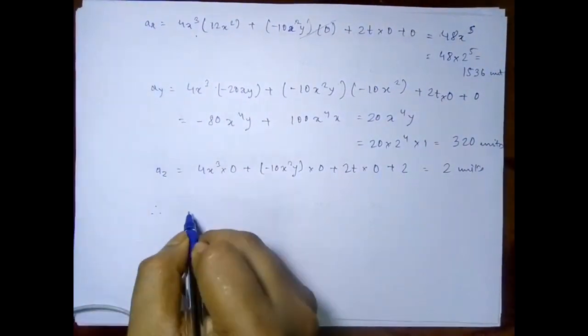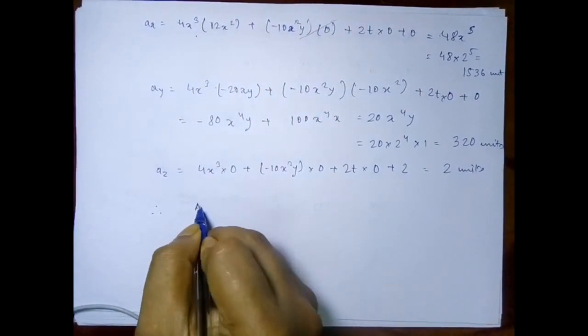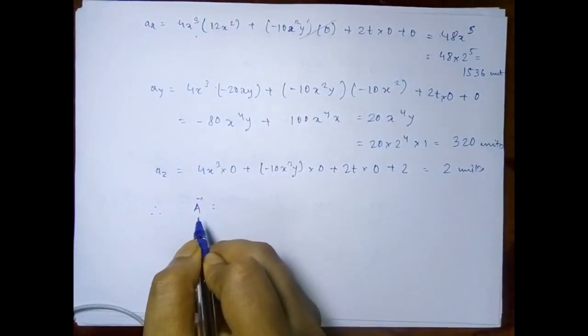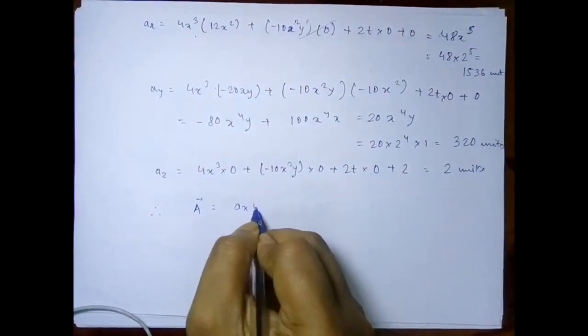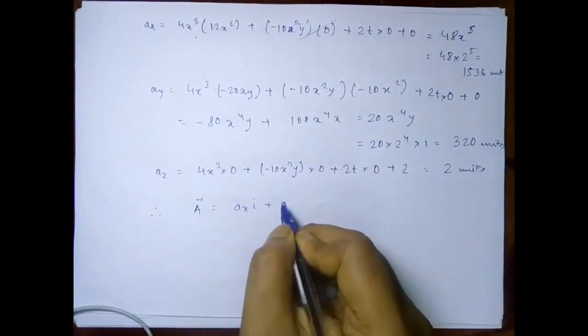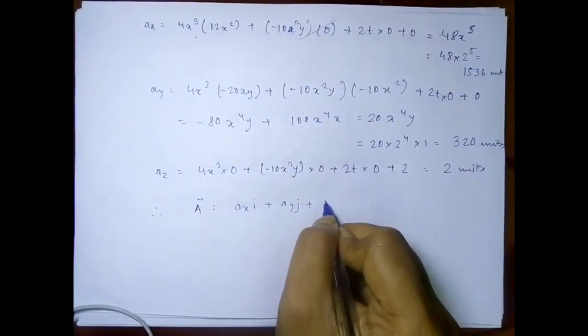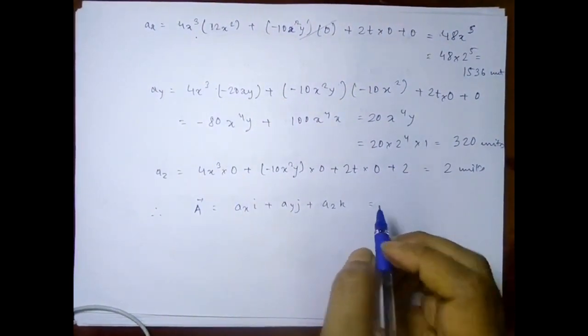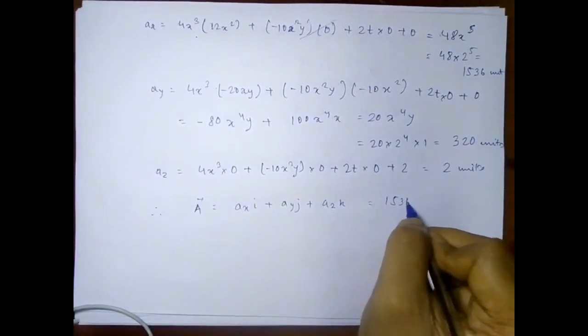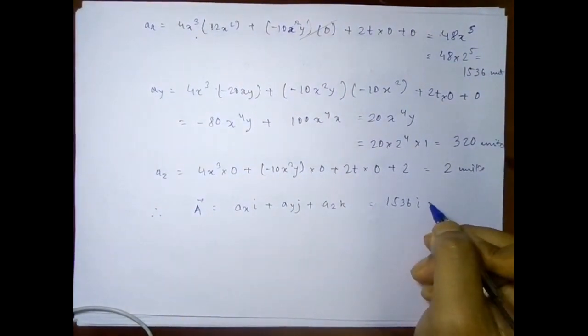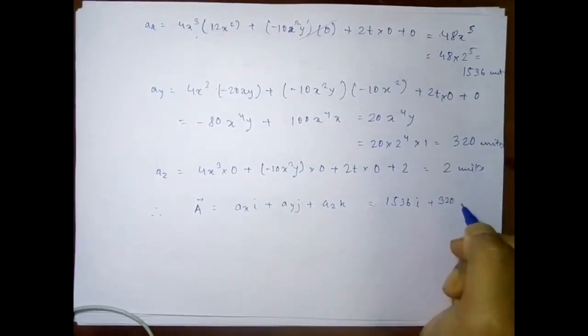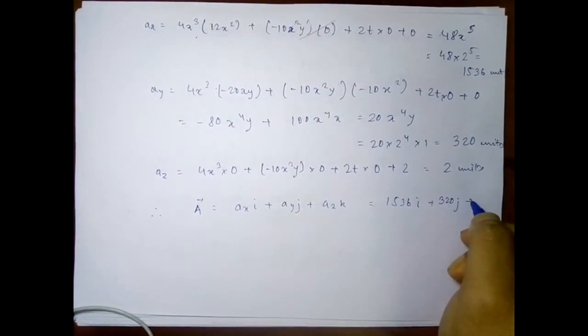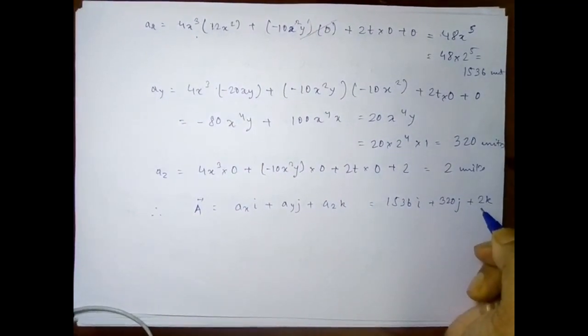So therefore the acceleration vector A will be equal to axi plus ayj plus azk, and it is equal to 1536i plus 320j plus 2k.